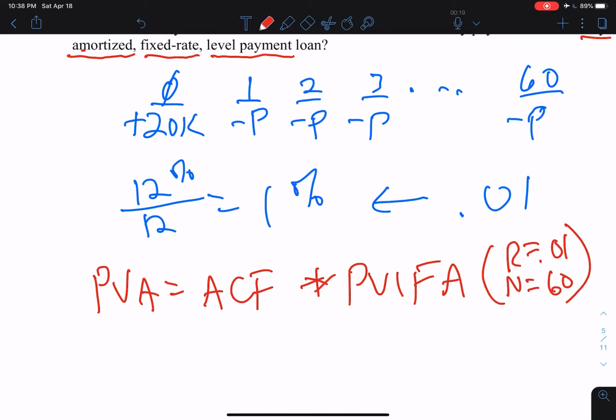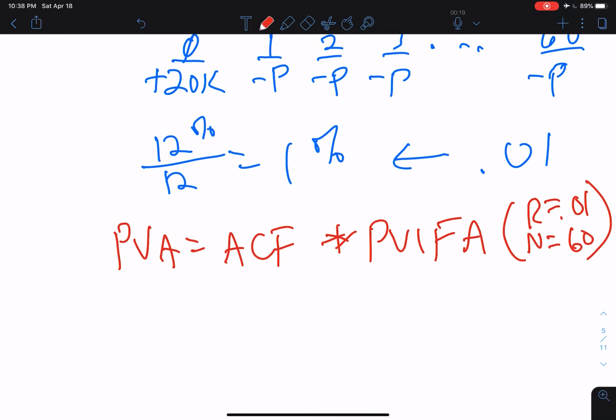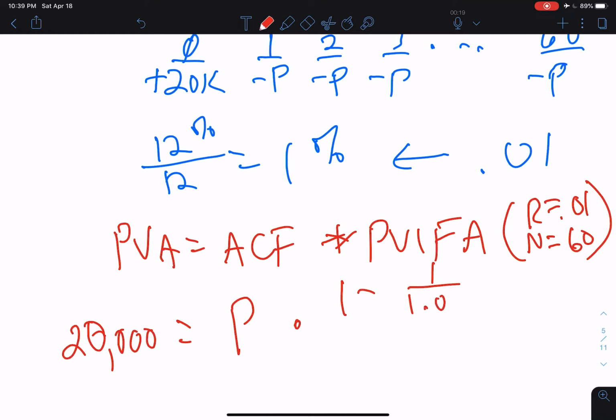The present value of our annuity is the $20,000, and the annuity cash flow is the payment. I'll just call it P. And I'll put in the computational formula for the PVIFA. It's 1 minus 1 over 1.01 to the 60th power, divided by 0.01.